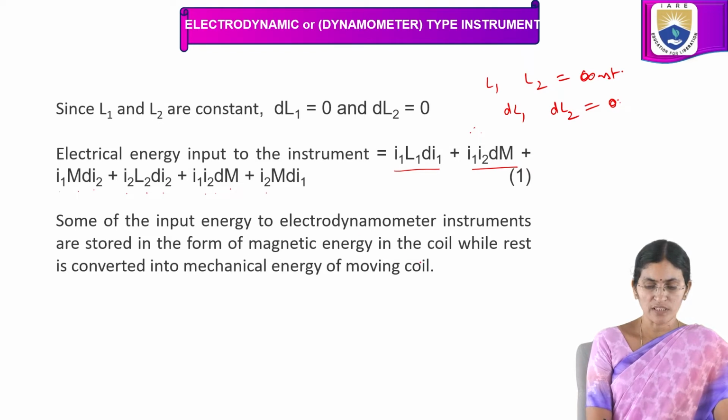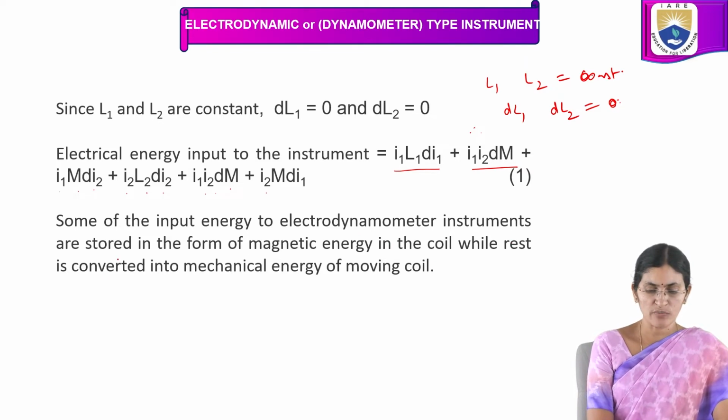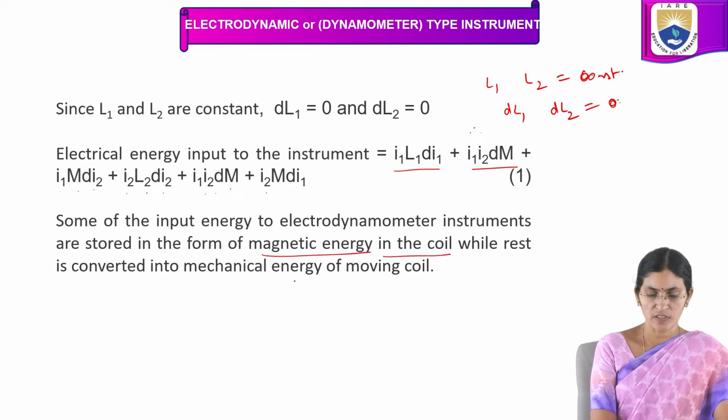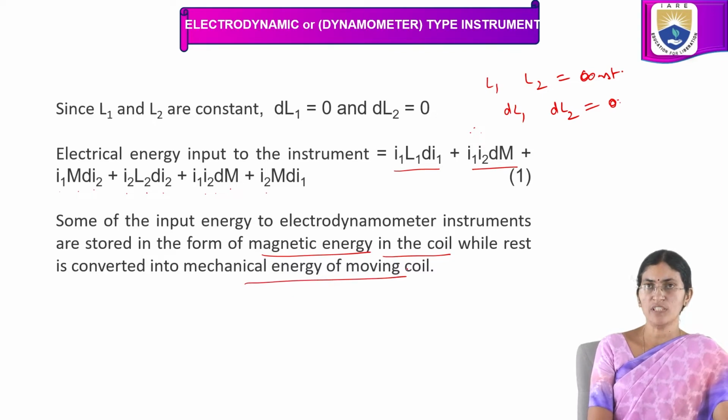Part of the input energy to the electrodynamometer instrument is stored in the form of magnetic energy in the coil, while the rest of the energy is converted into mechanical energy of the moving coil.